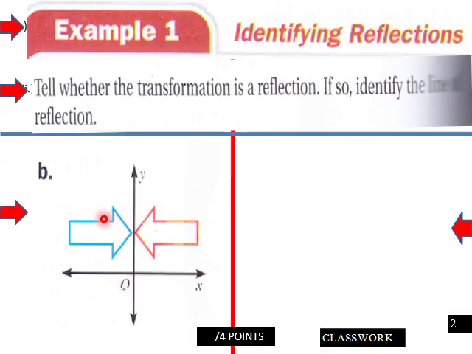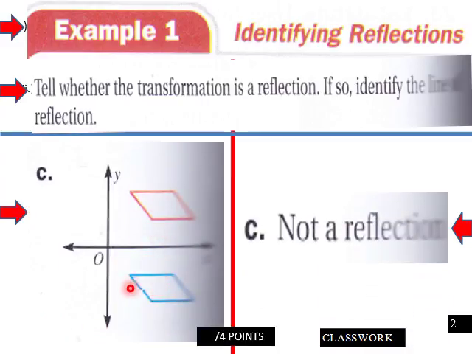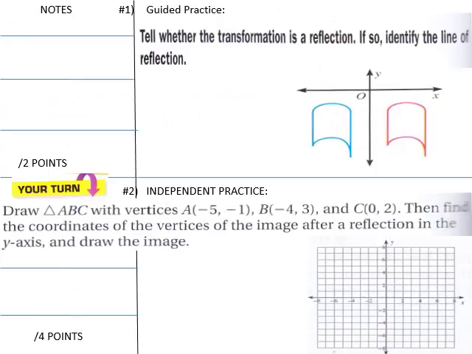And then this one, B: is this red a reflection of the blue? It's a reflection in the y-axis this time. And then C: is the red a reflection of the blue? Not a reflection. It would be a shift, or a translation actually. It would not be a reflection.